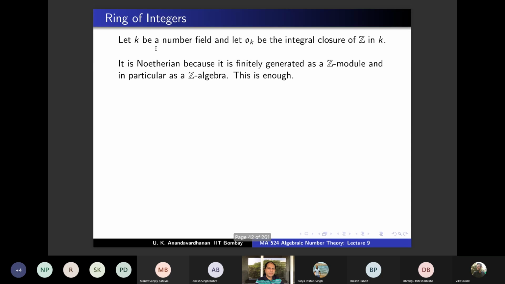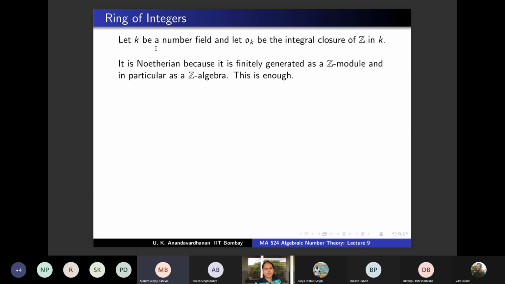Why is this enough? Quickly, can you tell me why? If it is generated as a ring over Z by finitely many things, then it is Noetherian. What is the key word? I should not ask too many things because I don't know how much commutative algebra you have done. If you know, you tell me, otherwise it's okay.